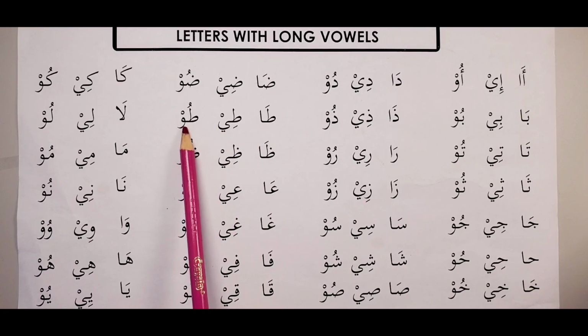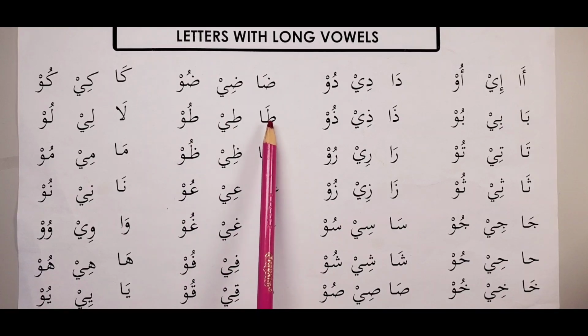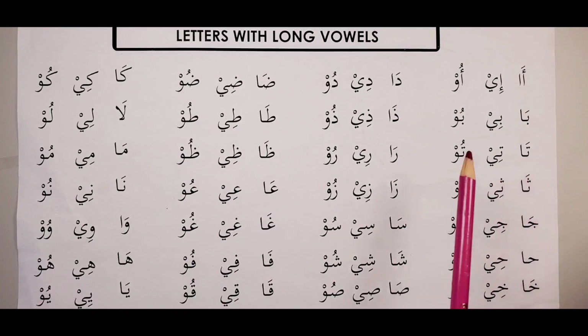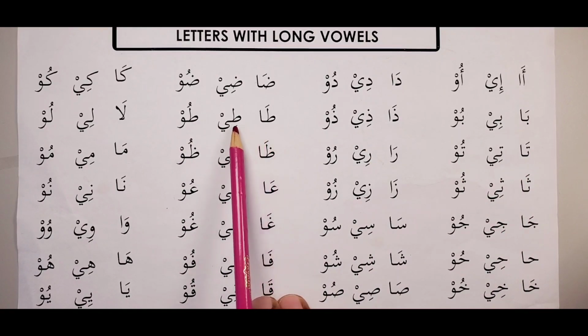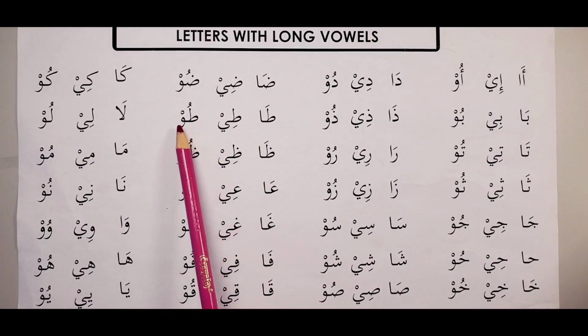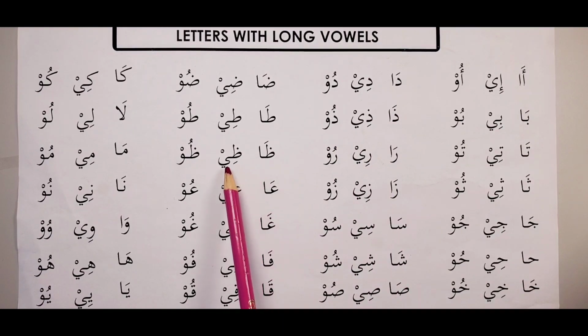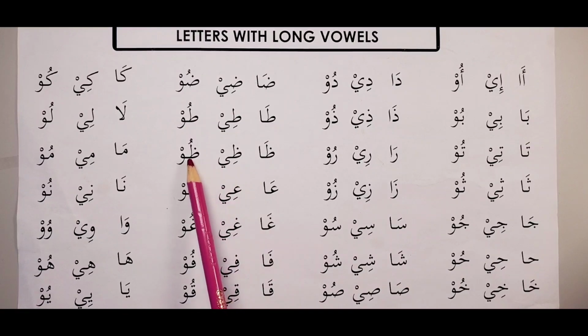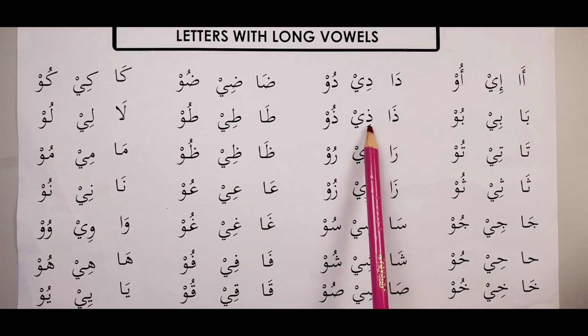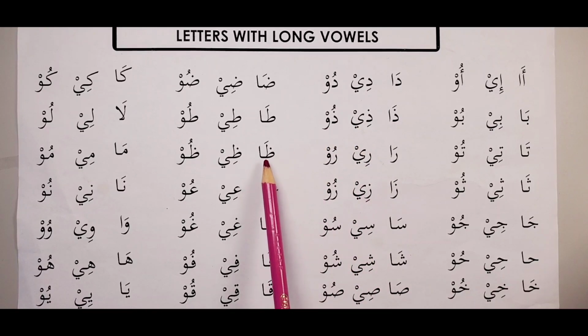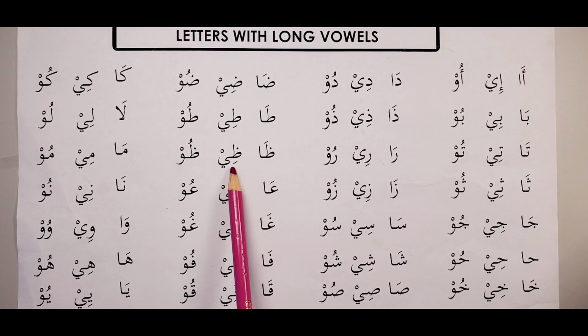Okay, it's Ta, heavier than the normal ta. Ta, ti, tu. Then you have dha, not the, but dha, dhi, dhu.